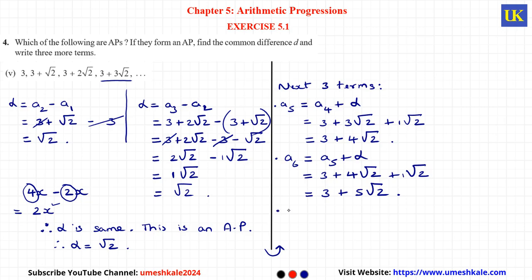Then we will find A7. Now A6 plus D. A6 is 3 plus 5 root 2 plus root 2. So 3 will write as it is. So here nothing is there means 1. So 5 plus 1 is 6. So 6 root 2. So this is our answer for sub question 5.